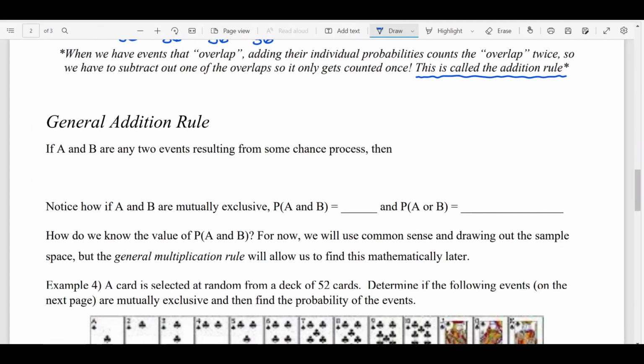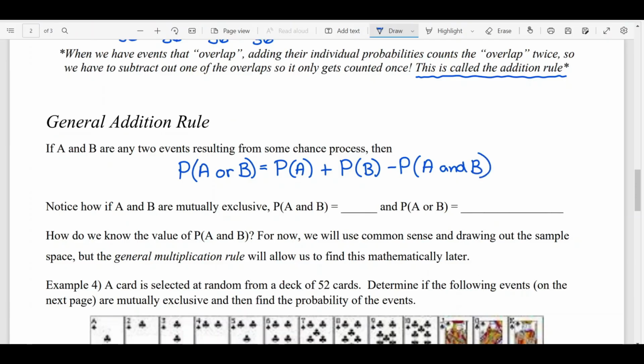If A and B are any two events resulting from a chance process, the probability of A or B occurring is equal to the probability of A plus the probability of B, but we have to subtract the overlap, minus the probability of A and B.